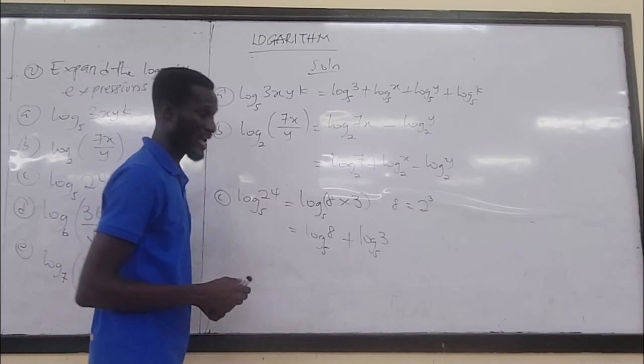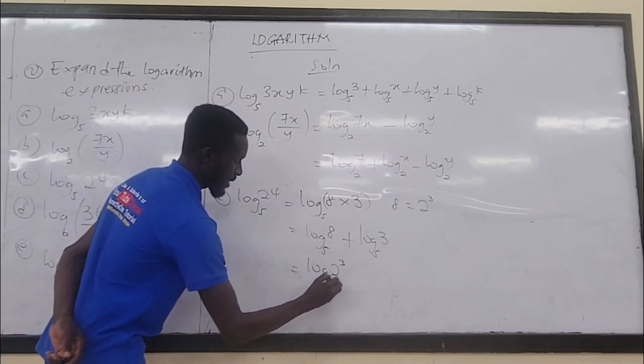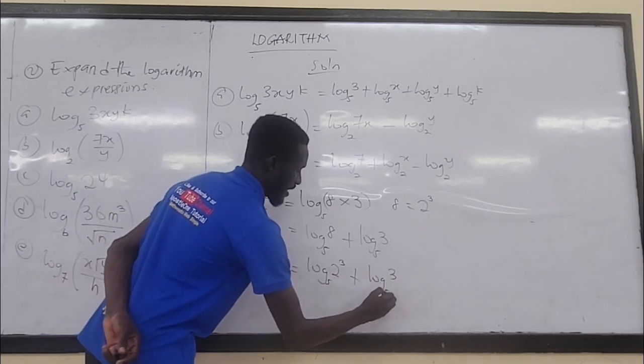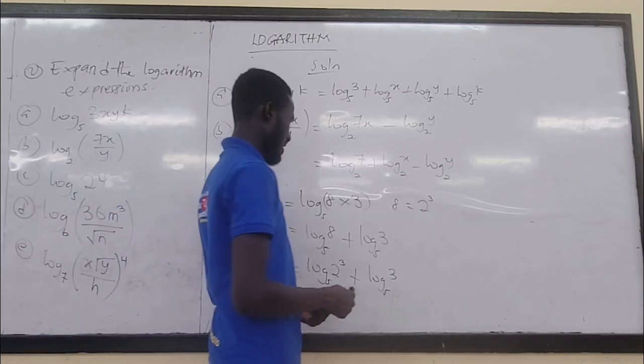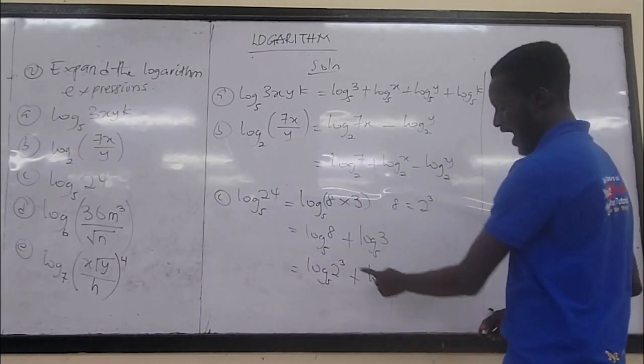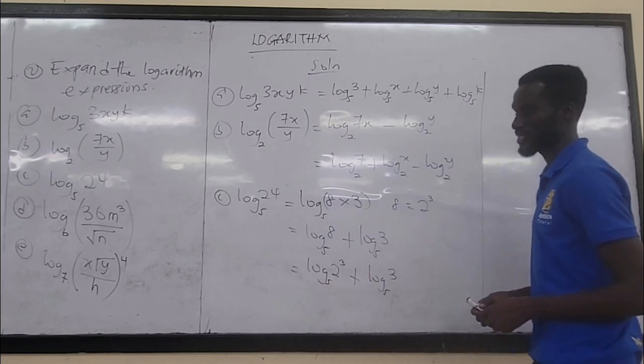So when you get log 8 base 5, you can't leave it like that. This means log 2 exponent 3 base 5 plus log 3 base 5, because the 3 I can't do anything about. Now from here I will bring the exponent to the front of the log. We are applying the power property.